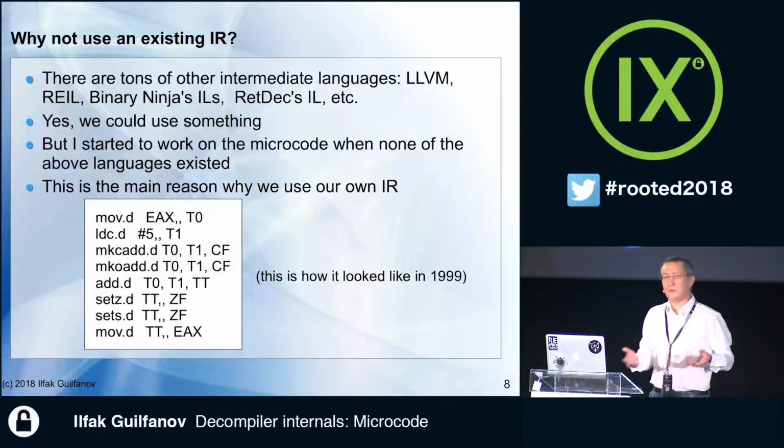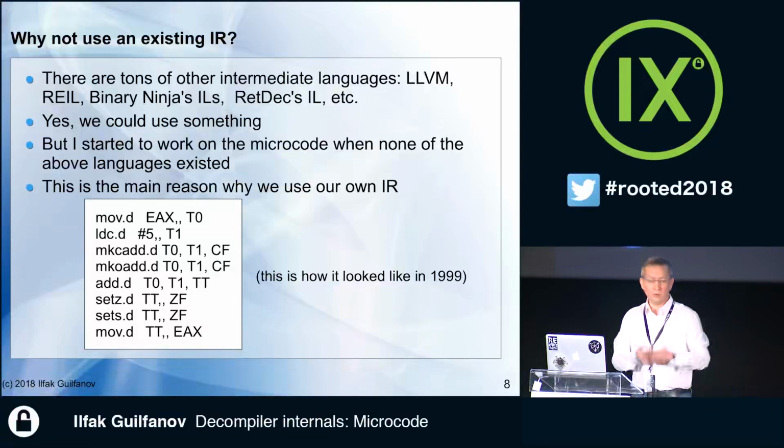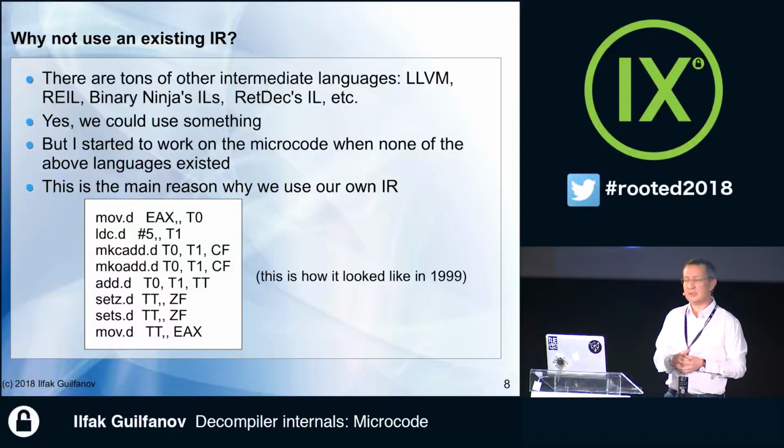We could use, and why do we use our own one? It's just because we started earlier than everyone else. I think that I started to write the decompiler maybe in 1999 or even 98, and at that time, even LLVM was not really existing.